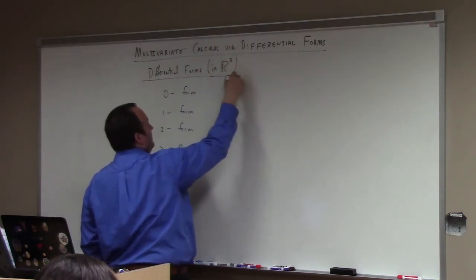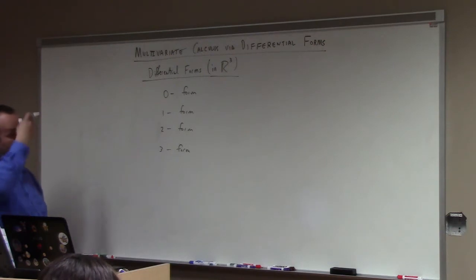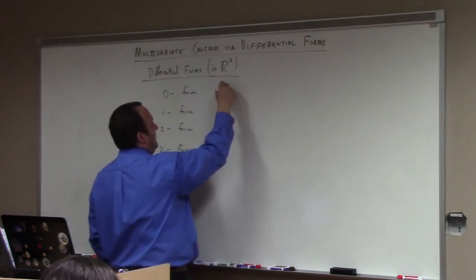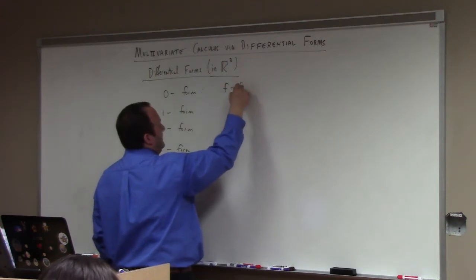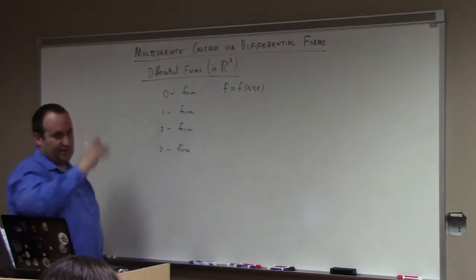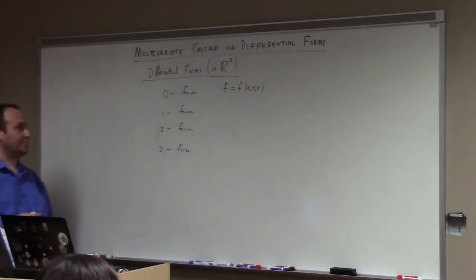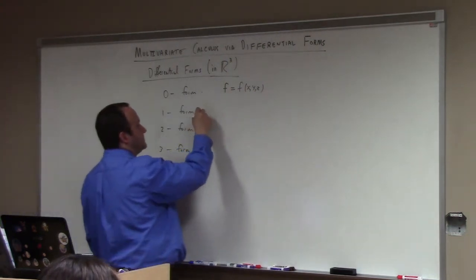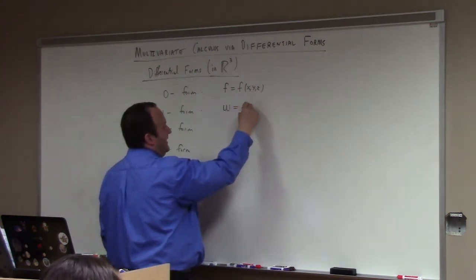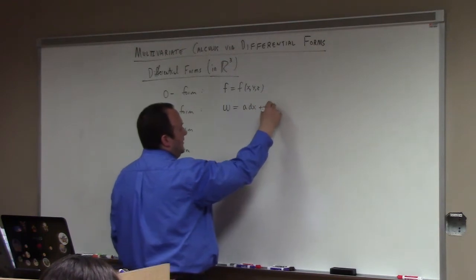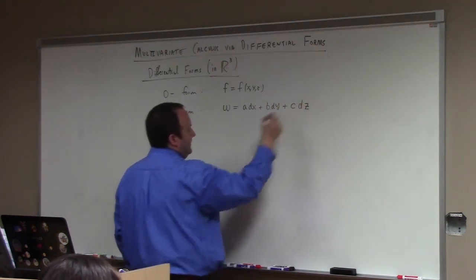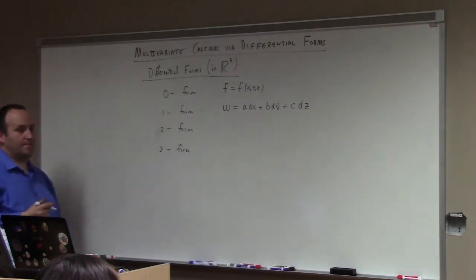A 0 form in R3 is just a function, something like f, which is a function of x, y, and z. Just a plain old function is a 0 form. A 1 form looks like the following: something like omega equals a dx plus b dy plus c dz. This is a 1 form.